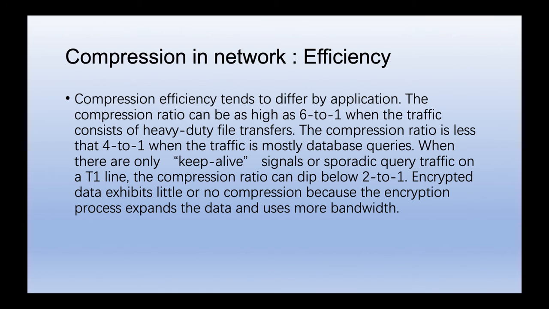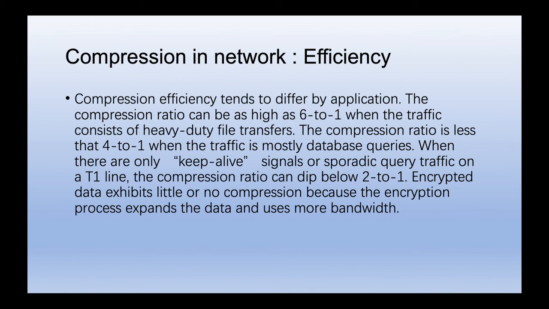Now I will talk about the efficiency of the network. It can also be regarded as the advantage of the compression. The compression efficiency tends to differ by application. The compression ratio can be as high as 6:1 when the traffic consists of heavy-duty file transfers.